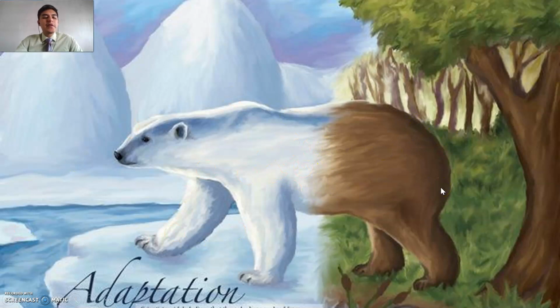So, it was very difficult for them to survive in that environment because, as in the forest, in which they can camouflage with the rest of the environment, in the snow, they would be pretty easy to spot for their prey. So they wouldn't be able to catch enough food to survive, and in the end, they would die. So what happens?